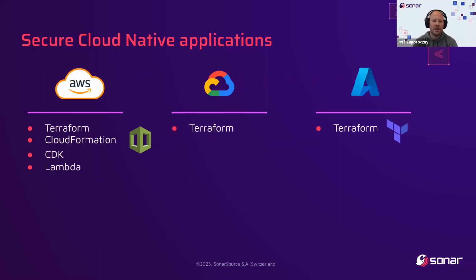So if you're writing Lambda expressions as functions that can be executed in the AWS cloud, we'll make sure and check that code for proper patterns within that Lambda paradigm.